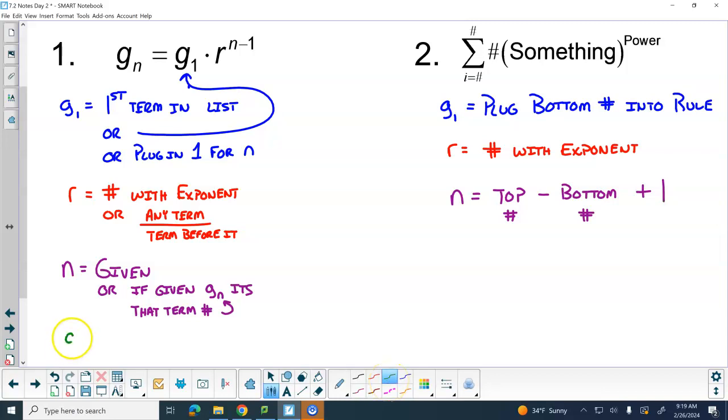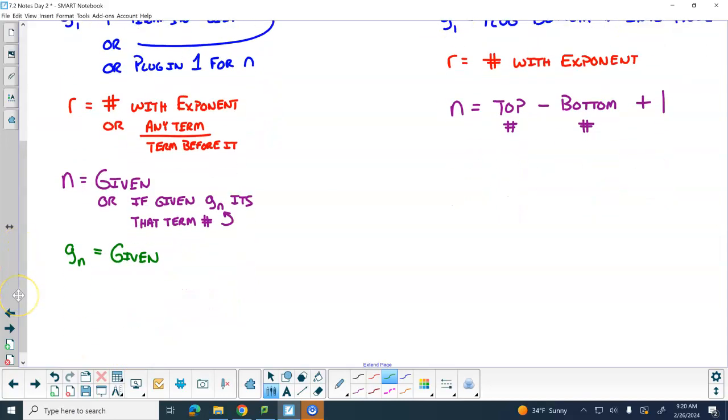Lastly, if we're going to use that other formula, we need to find the last term. Once again, here, it's going to be given to you, or you have to find it. By plugging in n, if it's here's the rule, or find the first 8 terms of this rule, you've got to plug in 8 to find it then.